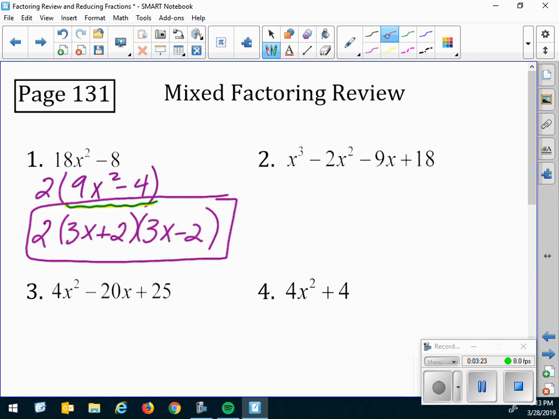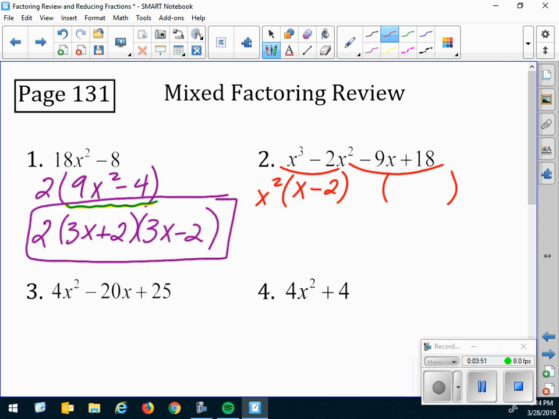Okay. Now we're going to pair them up. Does that first pair have a GCF? Yes. X squared. And if I factor out an x squared, what am I left with? Now, what do I need to have left in these parentheses?